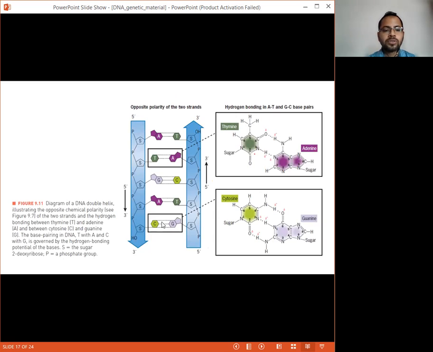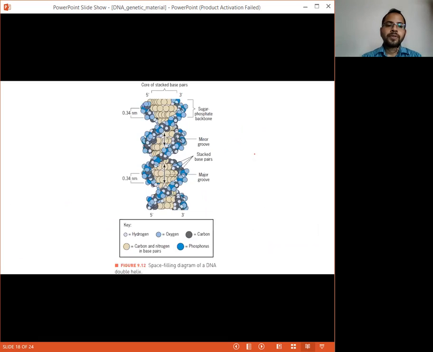This is one base pair, another base pair, another base pair. If you put one coin after another coin, and then another coin, you will get a stack of coins, isn't it? Just like that, the base pairs are also stacked inside the interior part of this DNA double helix.